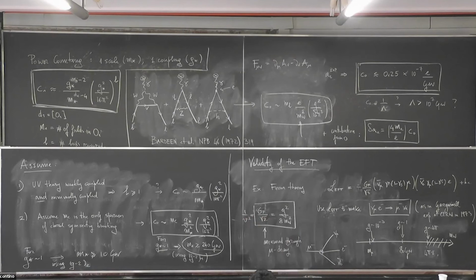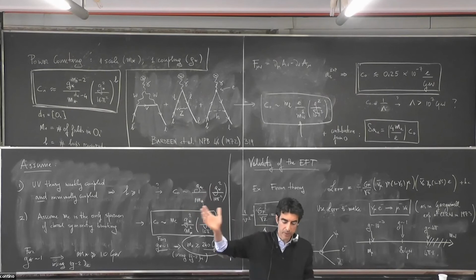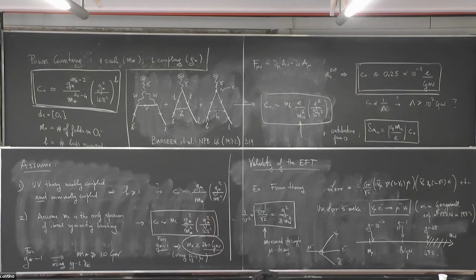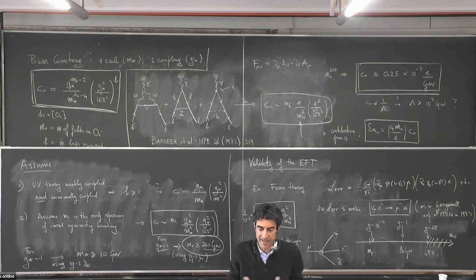The first observation you can make is whether the vacuum where we live is stable or not, if you assume that the theory can be extrapolated to arbitrarily high energies without new physics. How can you test whether the vacuum is stable? You compute the effective potential of the Higgs in the standard model.